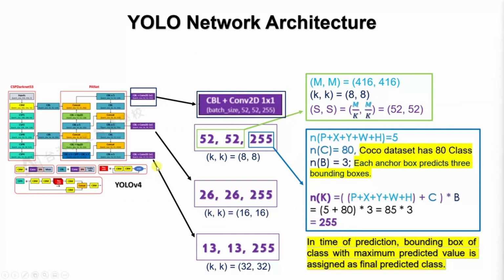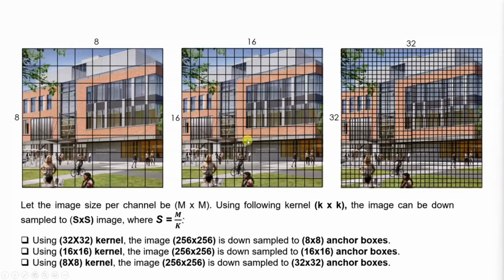Now let us discuss these 3 outputs. If we zoom in on this output, we can see that its shape is 52 by 52 by 255. So how did this 52 by 52 come about? Remember the method where we divided an m by m image into an s by s downsampled grid using a k by k kernel.